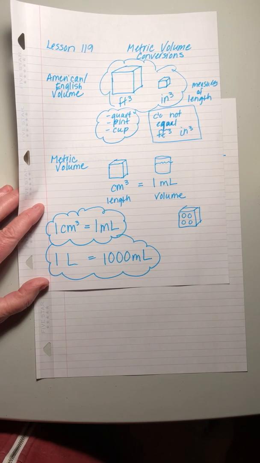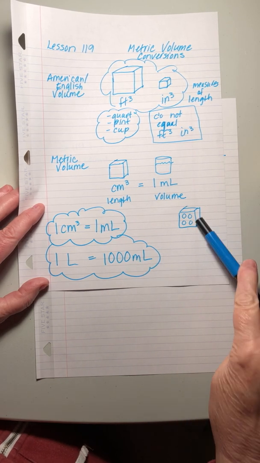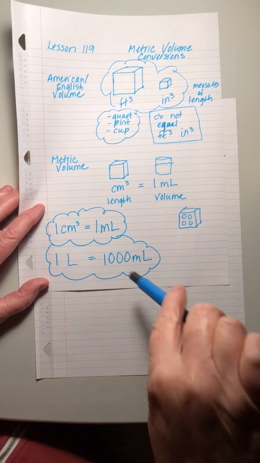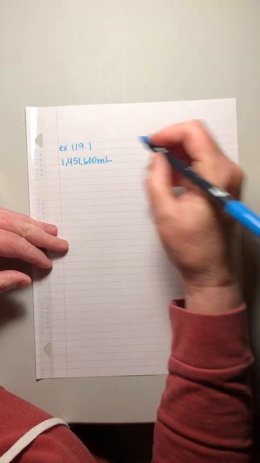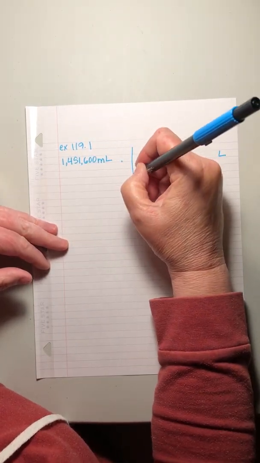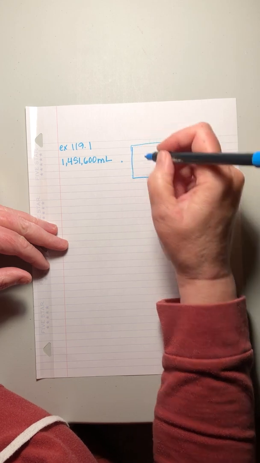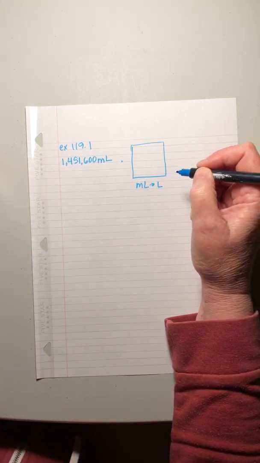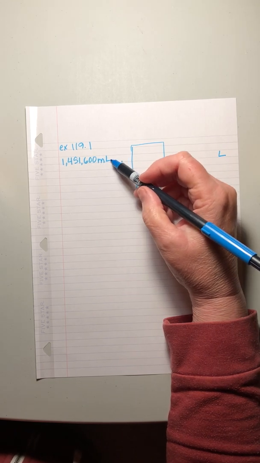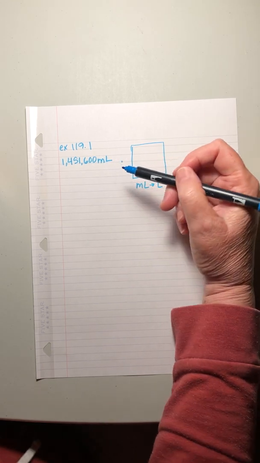Okay, so that just helps you visualize. 1,000 of these Legos full of water equals 1 liter. That's what we need to know right now because we need to go from milliliters to liters. So we're going to be able to do that with 1 unit conversion. We want to go from milliliters to liters. It's written with a lowercase m and an uppercase L, typically.